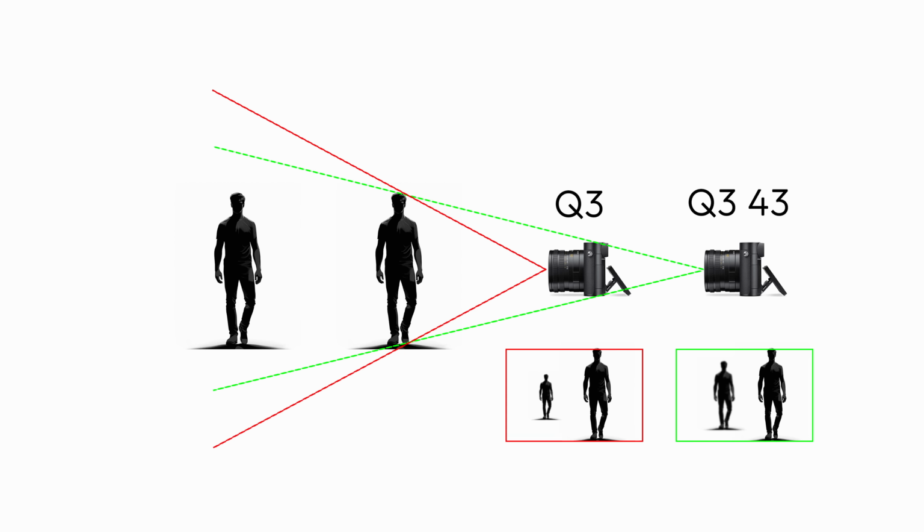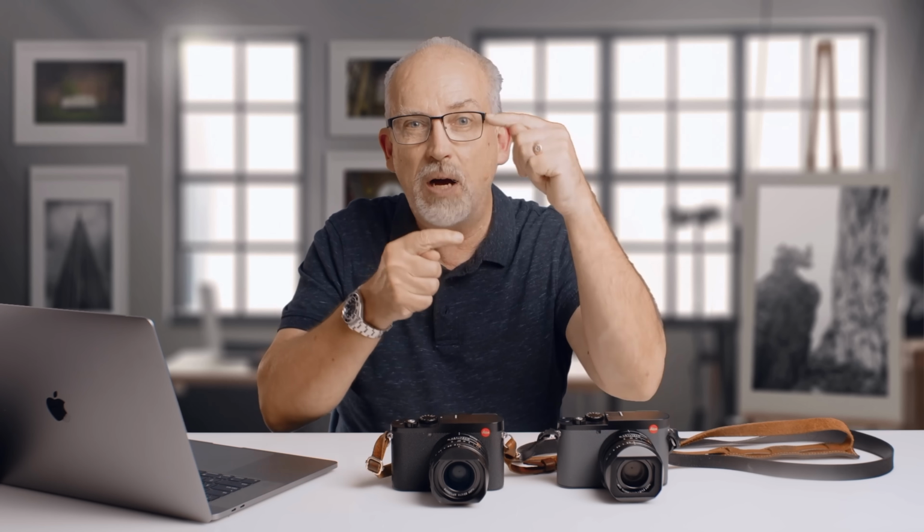Also note that the Q3 itself has been moved nearer to the subject so that the nearer figure also occupies the frame fully. So the nearer subject occupies exactly the same height of the frame in both shots. But to do that, I've had to move the cameras. So they can't be in the same position because the angle of view is different.